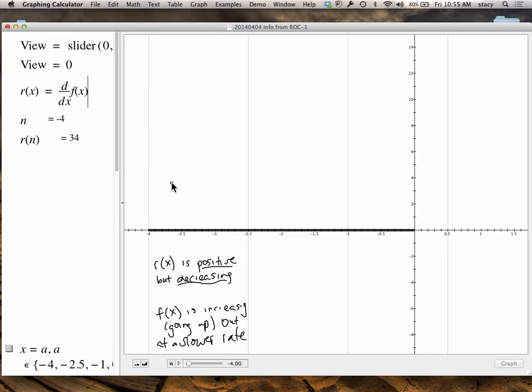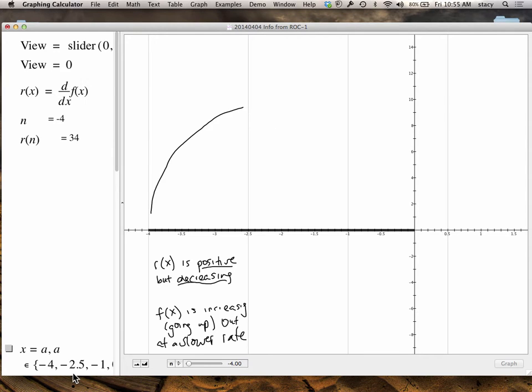Give me what you got. Okay, you guys know fancy words. Let's not worry about the fancy words. But yeah, that would look something generally like increasing, but at a slower and slower rate, right?